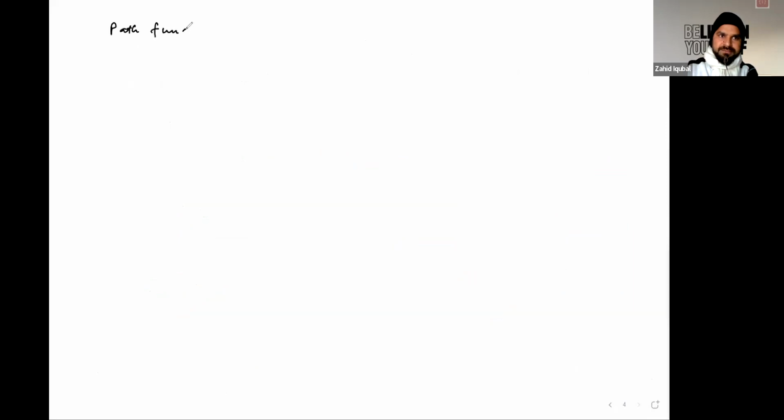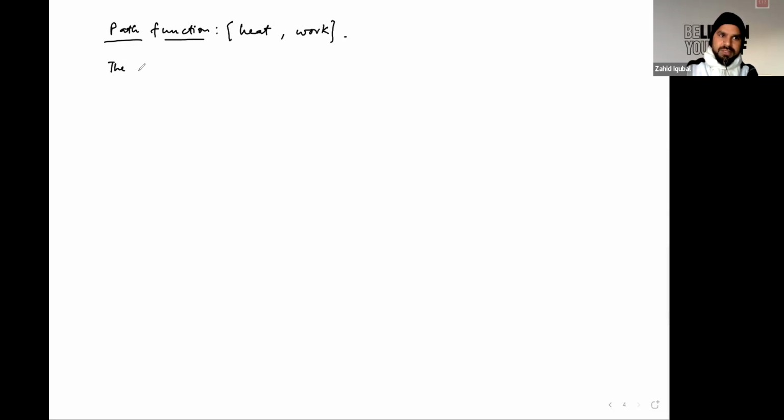Next is path function. Those quantities which depend upon the path followed by the gas, and not only on the initial and final point, are termed as path functions, such as heat supplied or rejected, and work done.